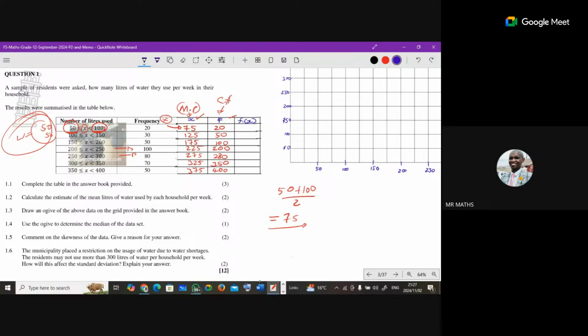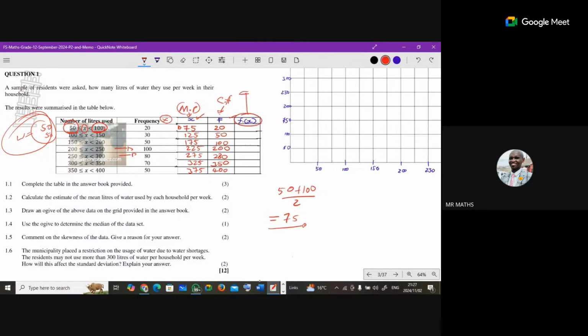Then sizogcwalisa nale frequency multiply by this. So apha wenza ntoni? Uthatha i-frequency yakho izoba ngu-20 multiply by 75. Then 30 multiply by 125. 50 multiply by 175. Kaloku nansi into ibhaliwe apha iformula. Le formula imele ntoni?